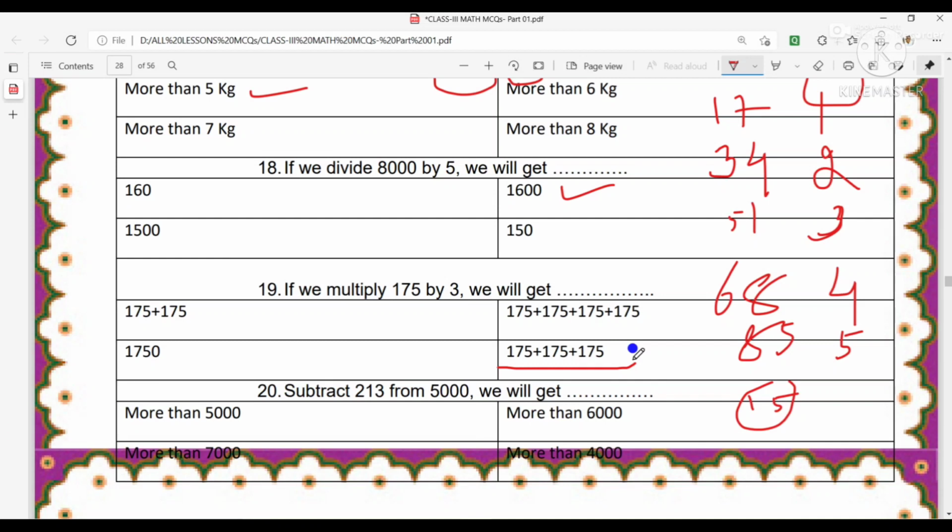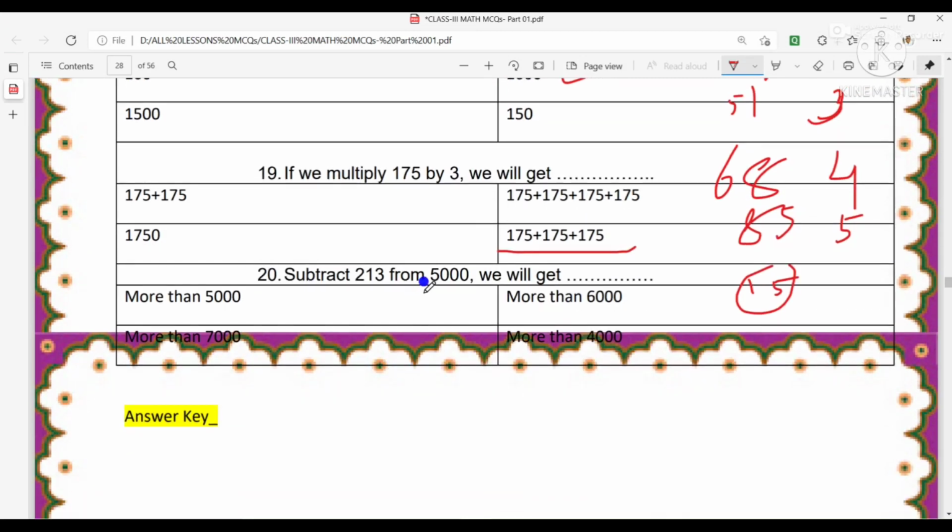Multiply 175 by 3, that means you have to add 3 times 175. This will give the same answer. Subtract 213 from 5000. So 5000 minus 213, you will get more than 4000, but less than 5000, right? So more than 4000 you will get.